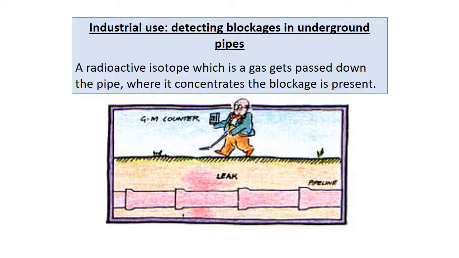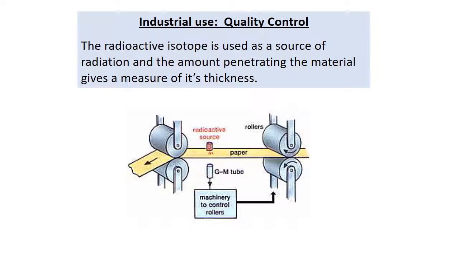So some industrial uses can be used to detect blockages in underground pipes. A radioactive isotope, which is a gas, can be passed down a pipe, and then you can detect where there's high concentrations of the isotope forming with a Geiger counter on the surface, and that's where your leak in your pipe is going to be. It can also be used for quality control.